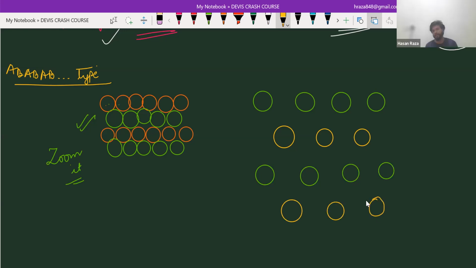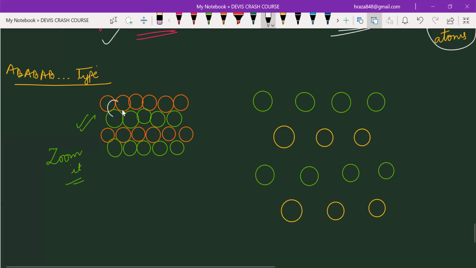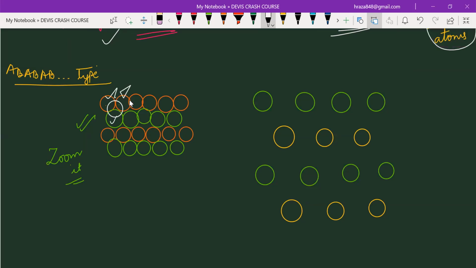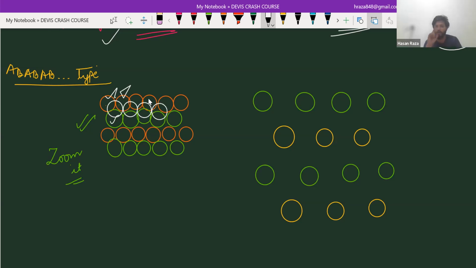Now, since you know that this is in 3D, there will be atoms in between. That means basically at the bottom of these 3, bottom of these 3, bottom of these 3. So you can see that there is 1 atom, 2 atom, 3 atom, 4 atom, and there will be a void.